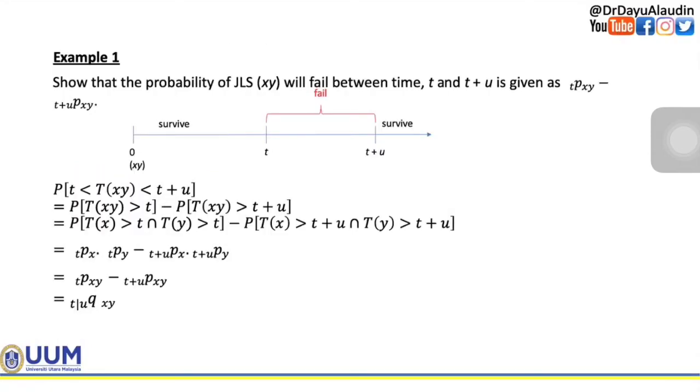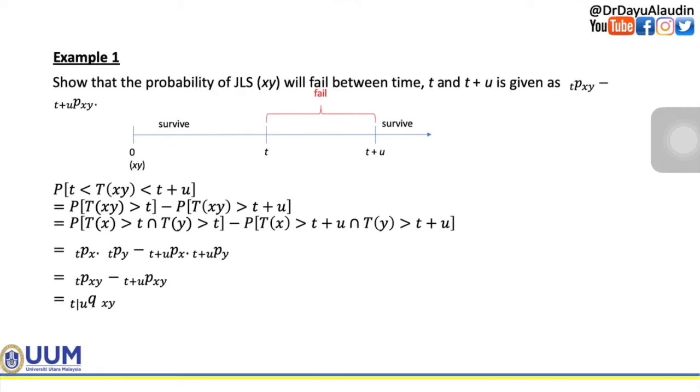Okay, we go to example 1. Show that the probability of the joint life status xy failing between time t and t plus u is given as tPxy minus t plus u Pxy.